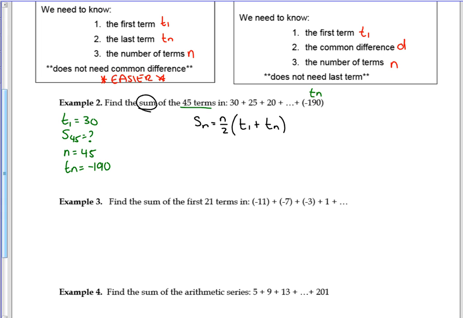So let's do it. S45 equals, n is 45 divided by 2 times 30 plus last term negative 190.